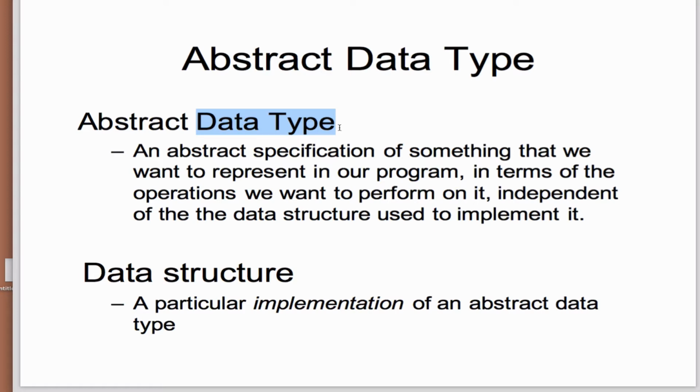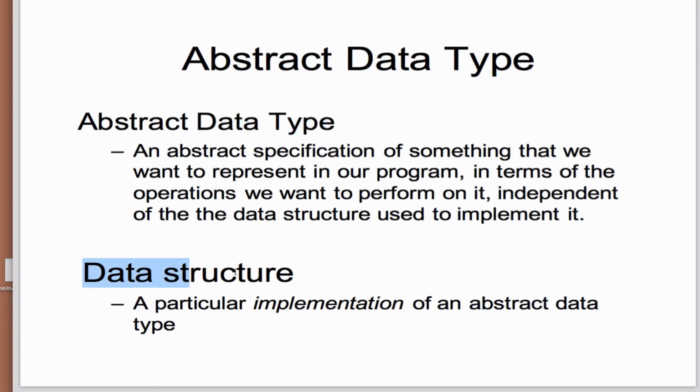So it's typically described in terms of the operations that we want to perform on the data. And this is independent of the way that the data structure is used, which data structure we choose to implement the data type. So it separates the specification, or the interface, the way we interact with the data, from the way the data is represented.